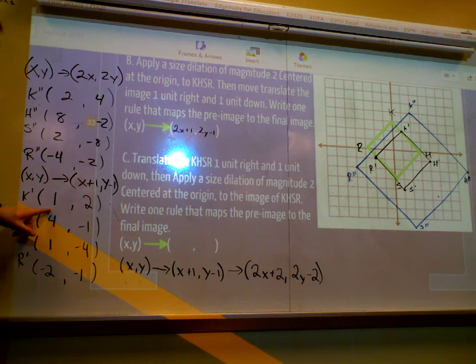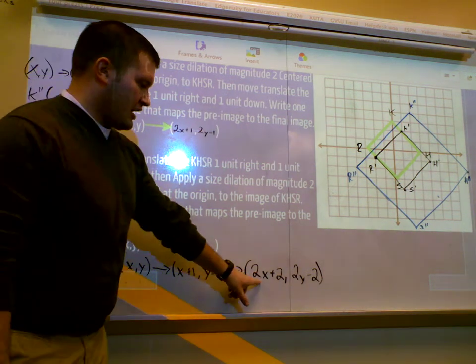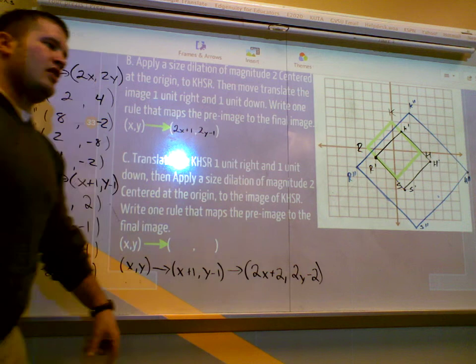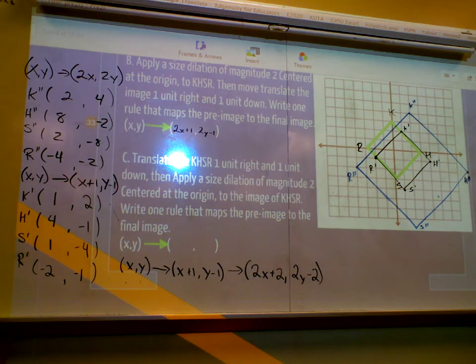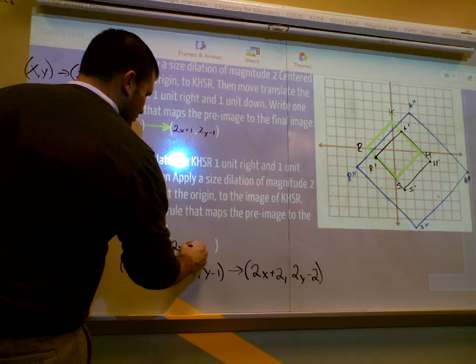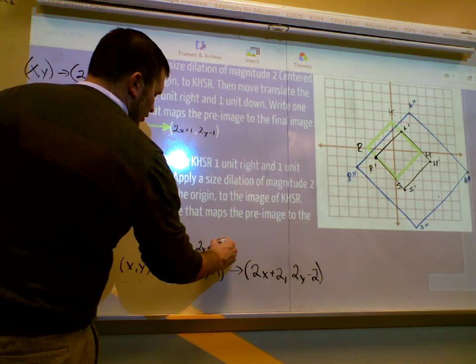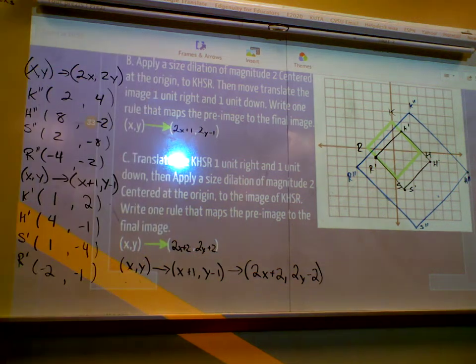So I'm multiplying the 0 by 2 and the plus 1 by 2. Does that make sense? So I got to multiply the x by 2 and whatever I added to it. Okay. So my composite translation that translates from the green one to the blue one is 2x plus 2, comma, 2y minus 2. Yes, minus 2. Thank you.